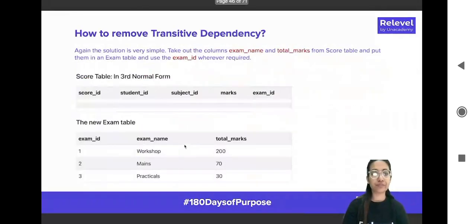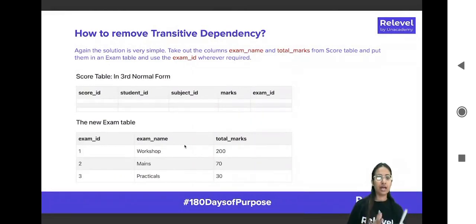Okay. Now here we need to know how do we remove transitive dependency, right? Again, the solution for this is very simple. Take out the columns exam name and total marks from the score table, and make another table which is known as exam table, and use exam ID wherever it is required.